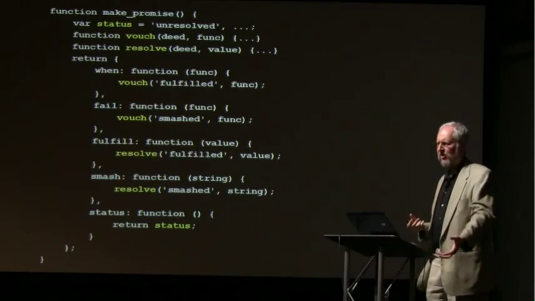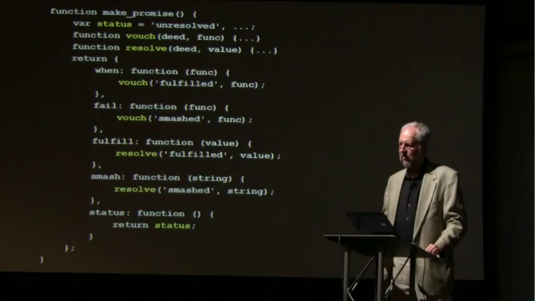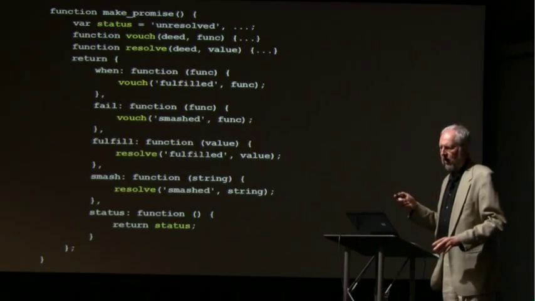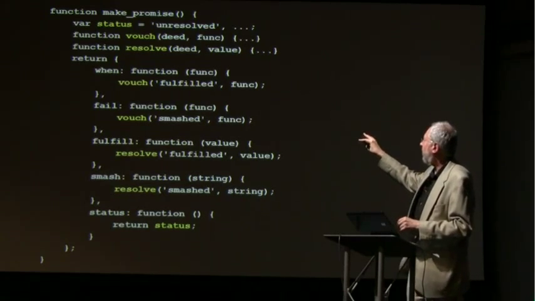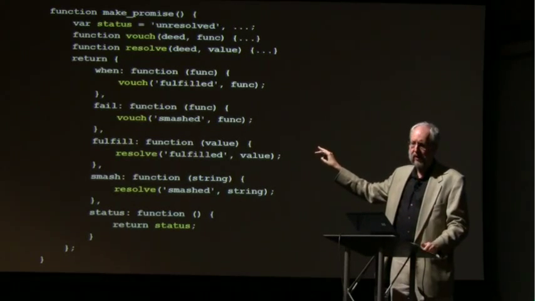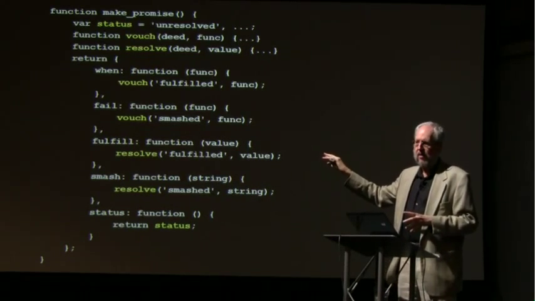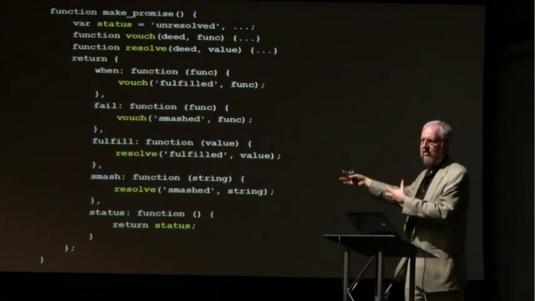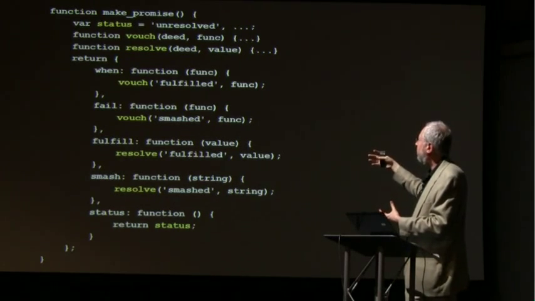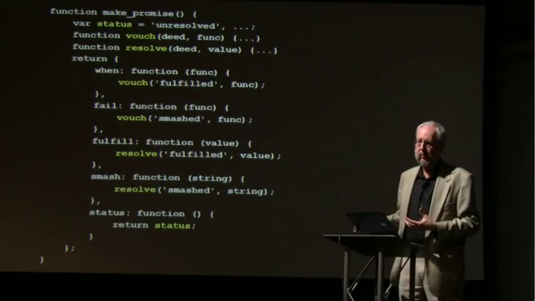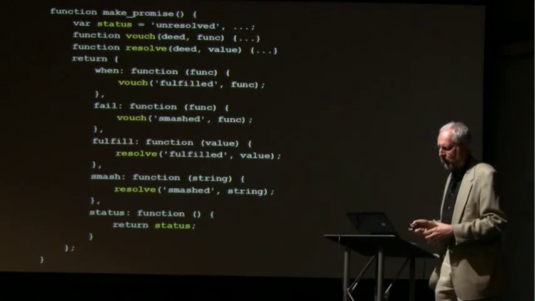So instead you smash the promise, you break the promise, and that will cause all of his fail methods now to run. So the way these things work is they depend on the vouch and resolve methods, which are private to the promise maker, but which, again, it closes over, so it'll always have access to those functions and the state that they refer to. So let me show you implementations of vouch and resolve.